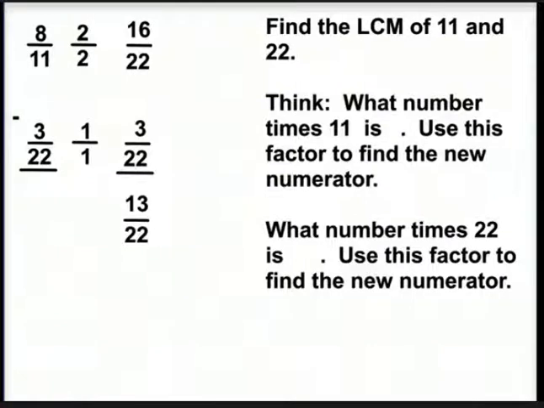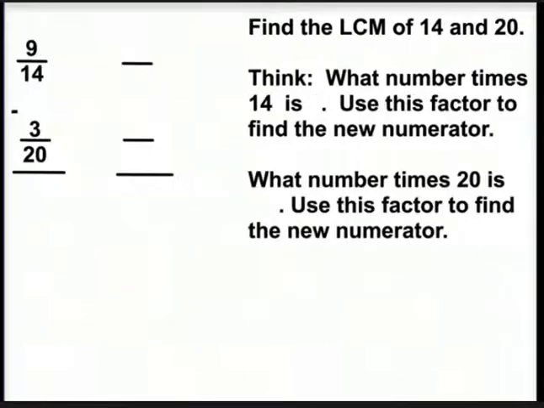And this is going to help you with finding common denominators and then being able to add or subtract fractions. Now, 9/14 subtract 3/20. Again, pause the video here while you find your common denominator. Remember, you can either write out the multiples or you can prime factor.